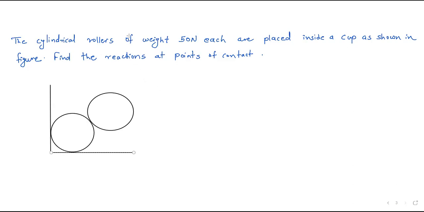So this is the diagram. And then this also comes up like this. Okay. So these two are the cylindrical rollers of weight 50 Newton each. So weight is also given, and then in the diagram they have given you the radius.